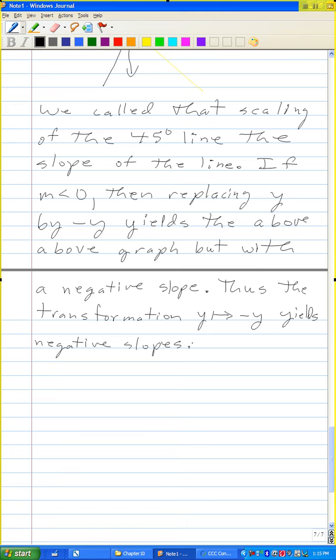Okay. So now let's take the translation. So now apply the transformations.